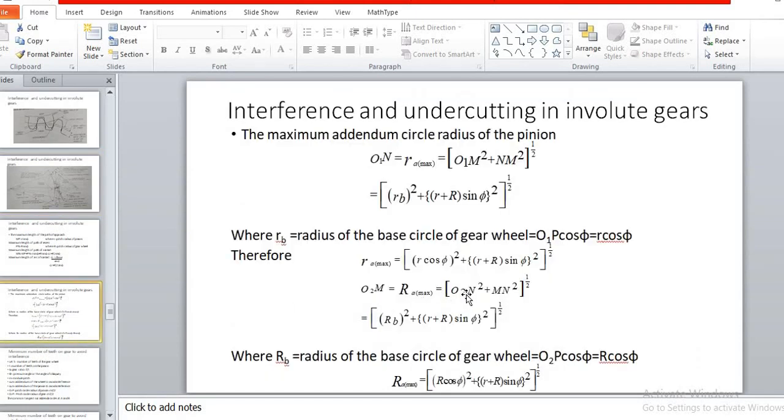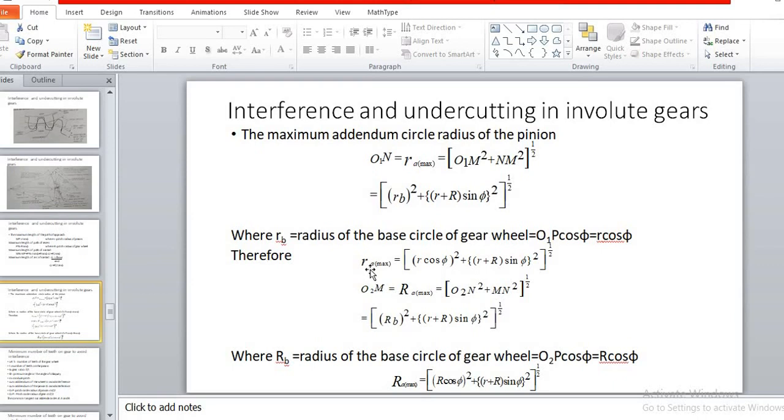For this we can write like this, and by simplifying, we will get (R cos phi) square plus (R sin phi) square, and all this term in a square root.